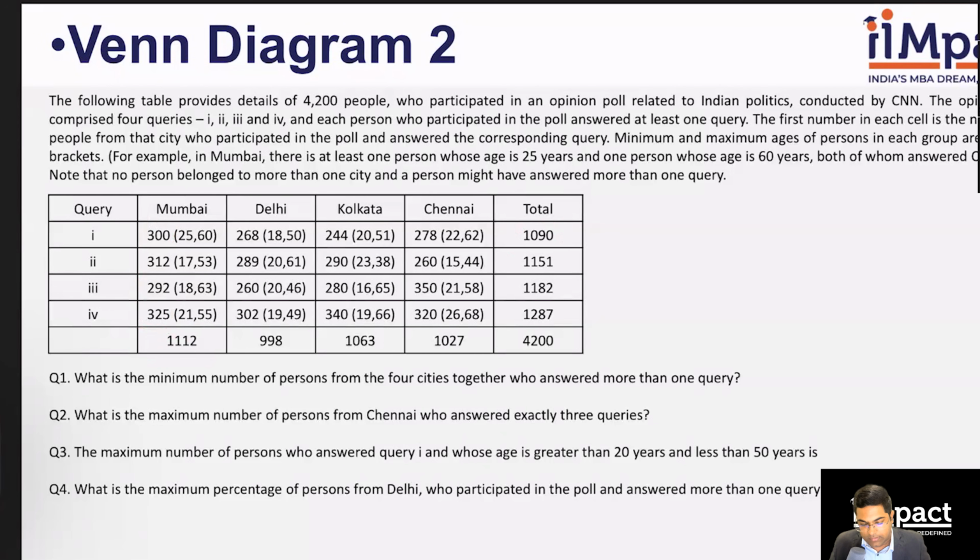So now, guys, if I want to find out how many people from each city might have answered more than one query, what is the first step that I would need? Think from the example that we just discussed.